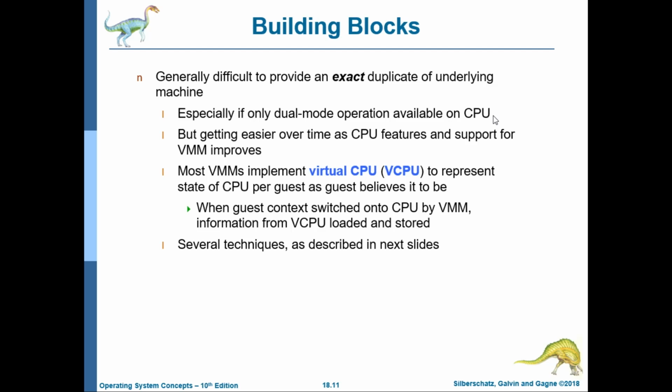Most VMMs implement the virtual CPU, or the vCPU, to represent the state of the CPU per guest as the guest believes it to be. When a guest is context switched onto the CPU by the VMM, information from the vCPU is loaded and stored. And there are several techniques as described in the next slides.